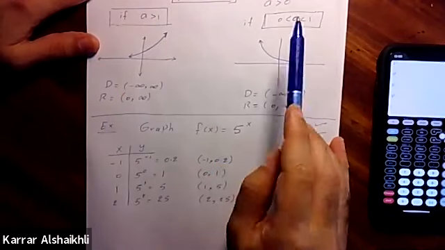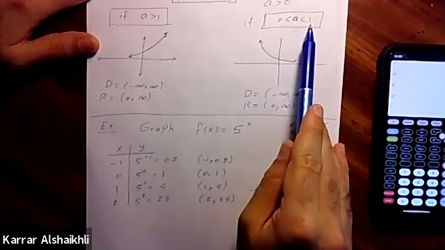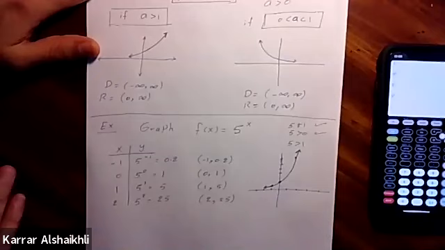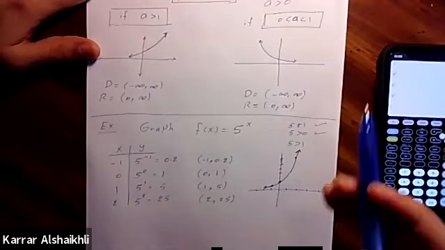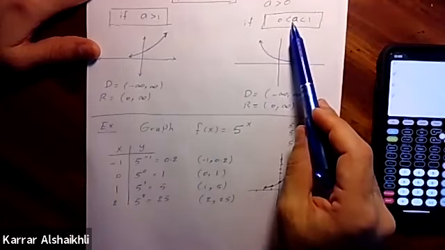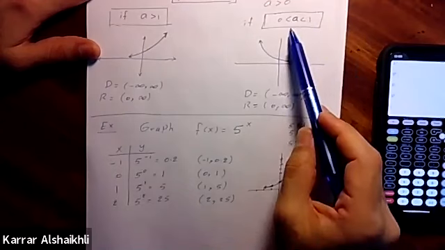If a is between 0 and 1, like this example, so for example, if you have a function like this, let's check that. That means 0.5 or 0.2 to the power x, or half.